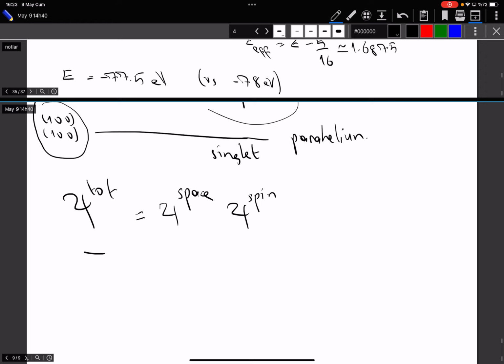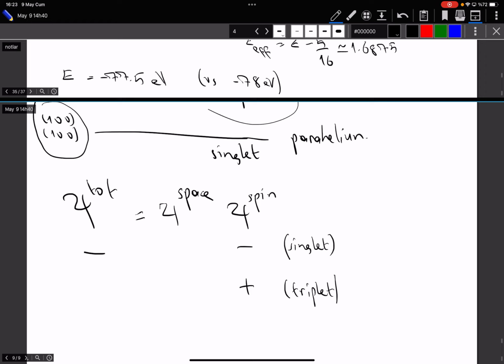I tried, because also there is the angular part and there was a connection with the angles. Okay, so let me continue along this line first. Now, the spin can be symmetric or antisymmetric. This is singlet. This is triplet.